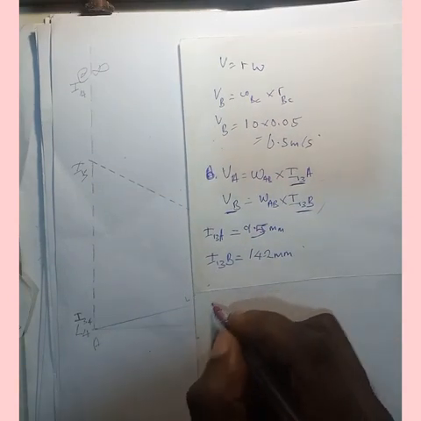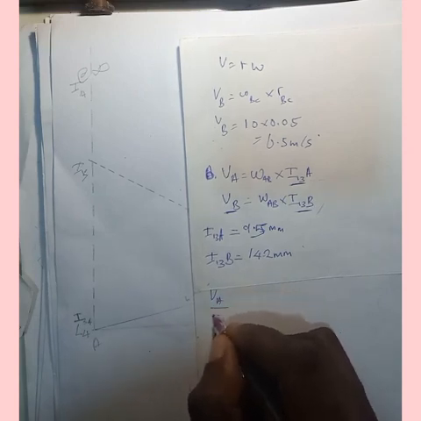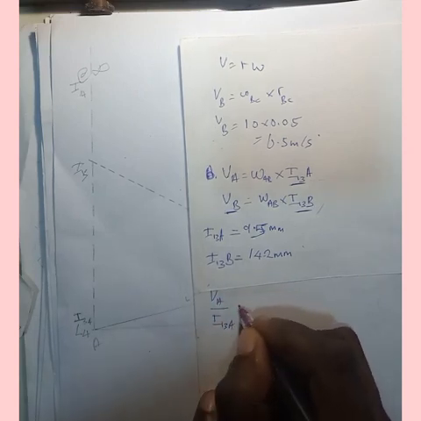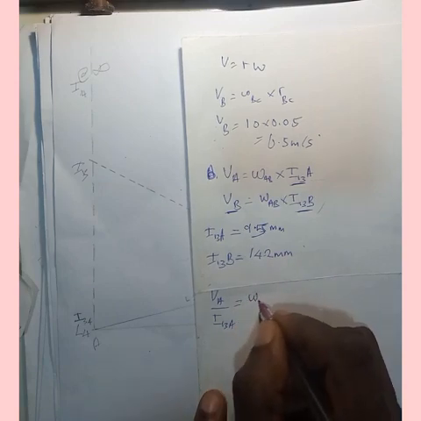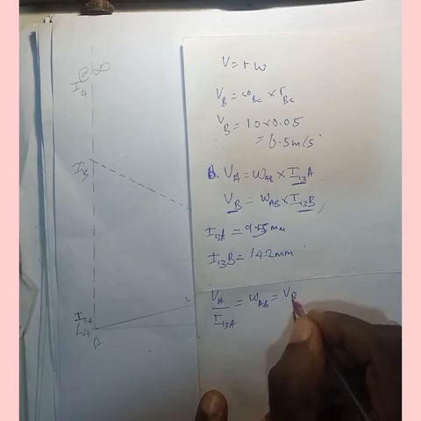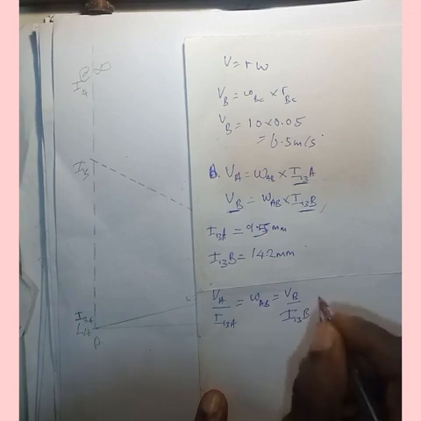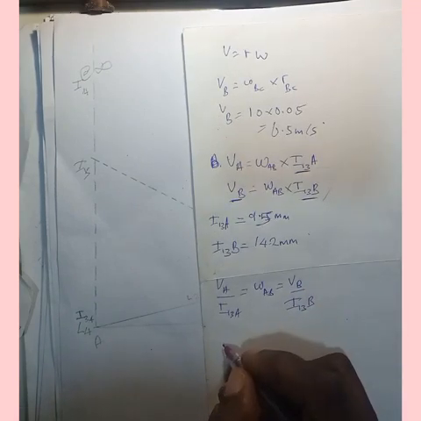We can have our VA over I13A equal to omega AB equal to VB over I13B.